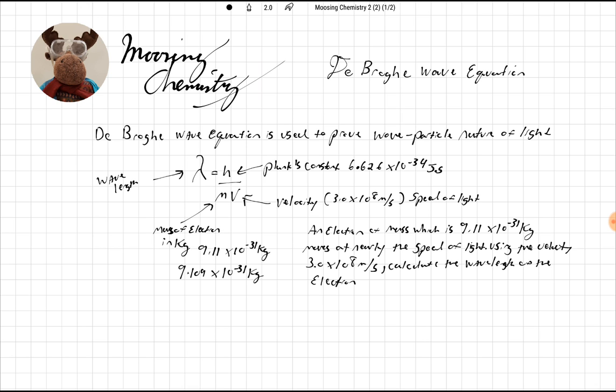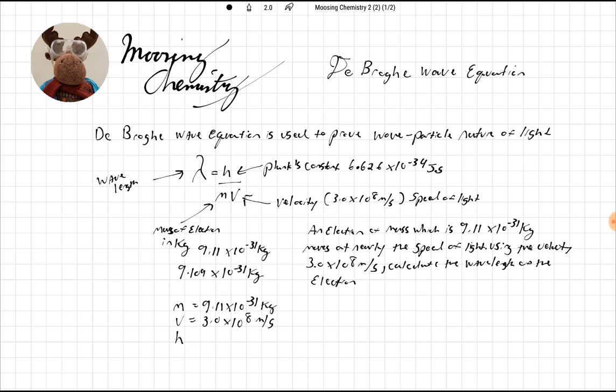So, what do we know? We know the mass of the electron, which is 9.11 times 10 to the negative 31 kilograms. We know our velocity, not frequency in this equation, is 3.0 times 10 to the 8 meters per second. We know Planck's constant.